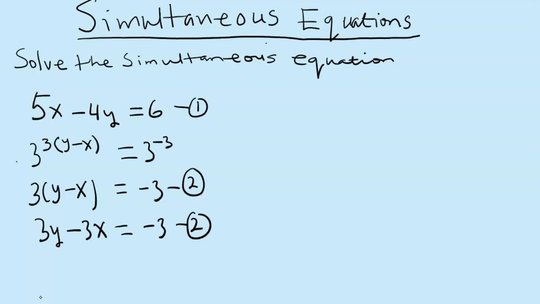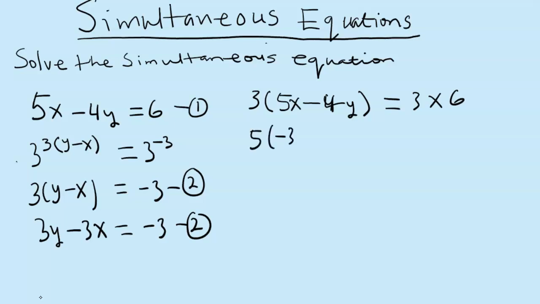So here we are multiplying equation 1 by 3. And equation 2, I'm going to write the -3x first so that all of them will be positioned nicely.